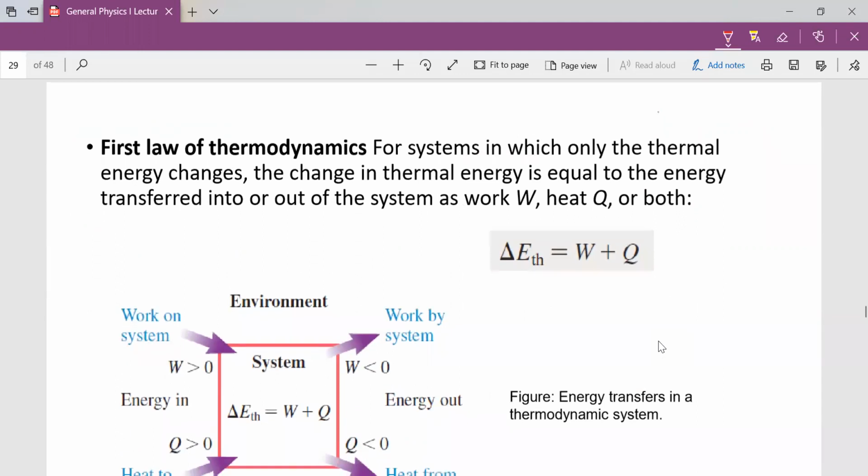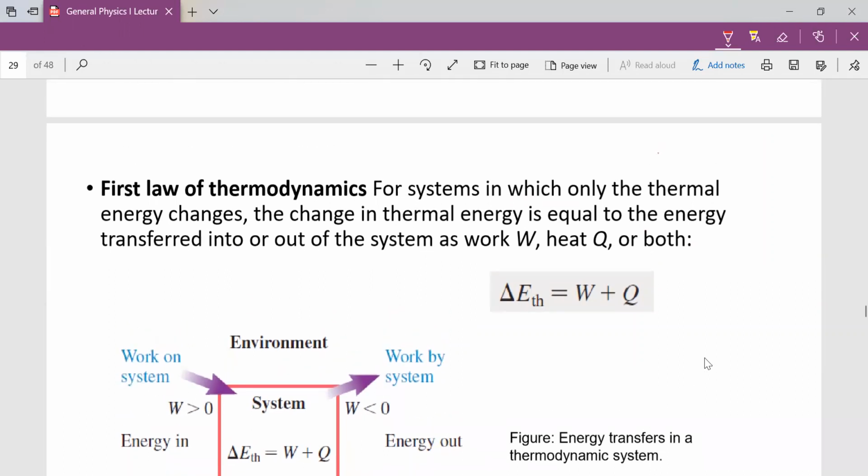So we'll begin by looking at the first law. What is the first law of thermodynamics? For a system in which only the thermal energy changes, the change in thermal energy is equal to the energy transferred into or out of the system as work and heat, or both work and heat.